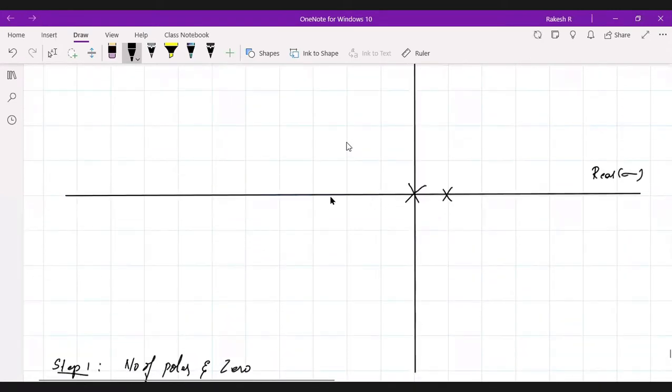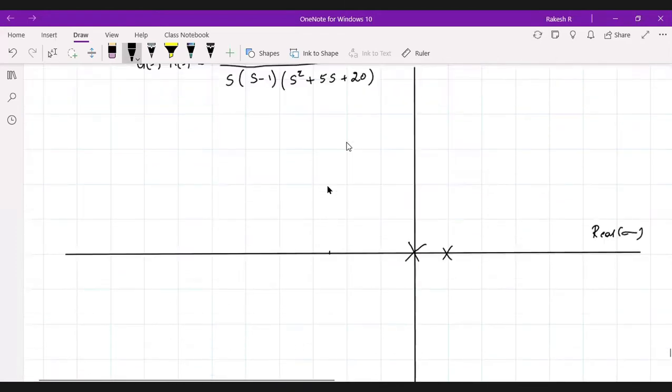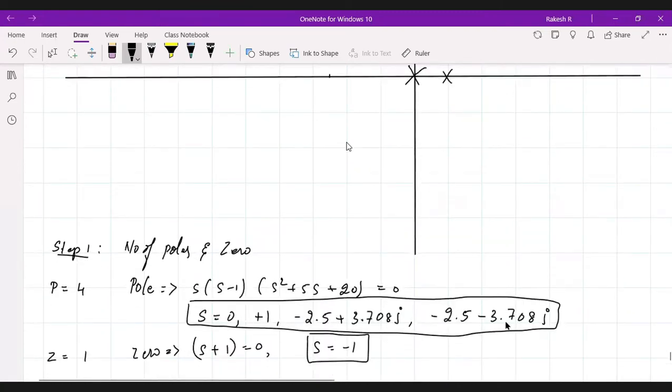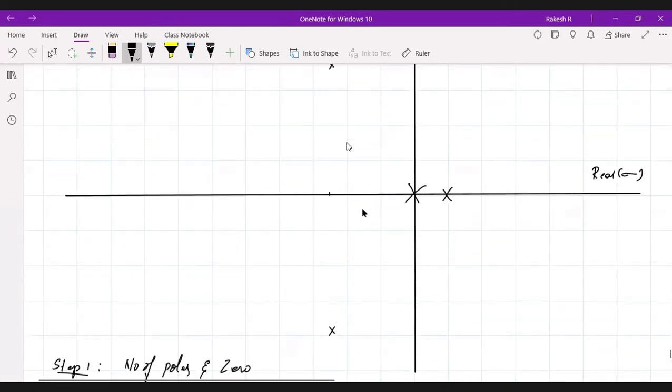This is 1, 2, 2.5 is here, and 3.708 will be somewhere here, and this is the third root. Similarly, minus 2.5 minus 3.708, 2.5, 1, 2, 3.708 will be here, right? These are the four poles what we have, right?